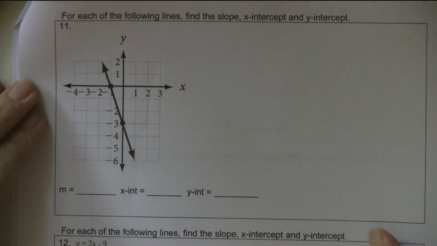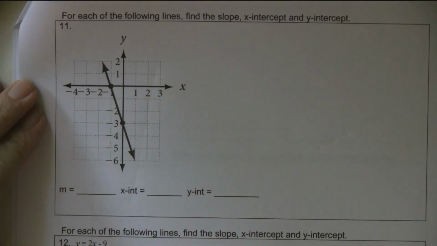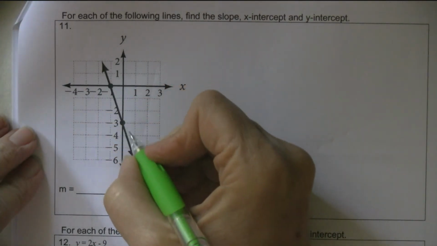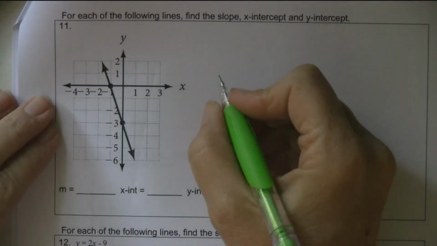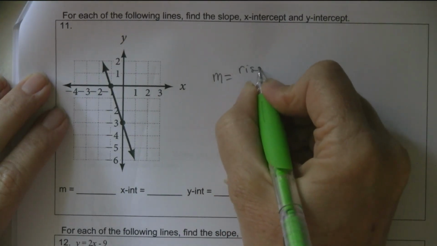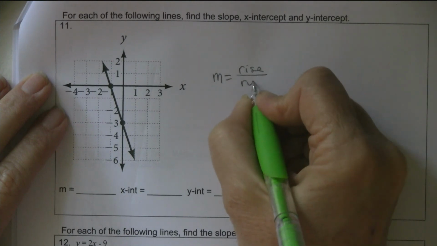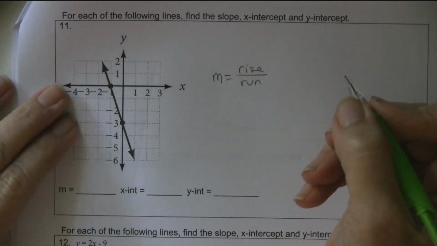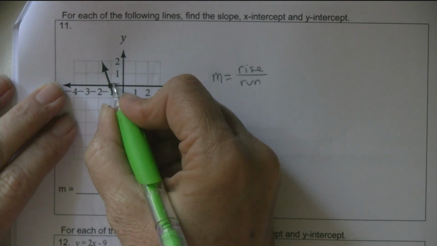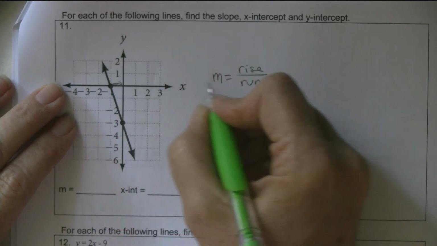So here they asked me for the slope and the x-intercept and the y-intercept. And I can see it's going downhill. So that tells me that the slope is negative. If I don't get that the slope is negative when I do my rise over my run, then I want to rethink what I've got going. So I'm going to run over here this distance in this direction, 1.